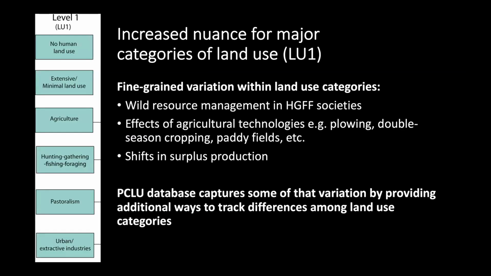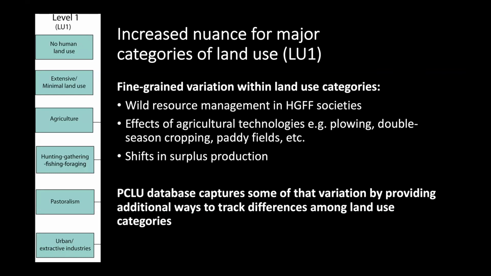So really, this is helping to give us increased nuance for the major categories of land use, giving more fine-grained variation within these categories to track things like differences in how wild resource management in hunting, gathering, fishing, foraging societies affects land use, and the effects of changing agricultural technologies and the presence of surplus production really affecting how land is used even within the same food production strategy.